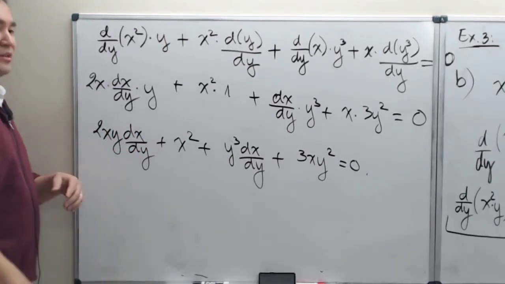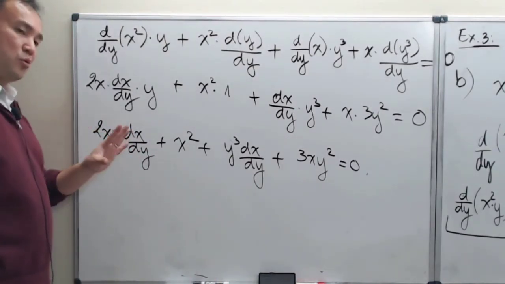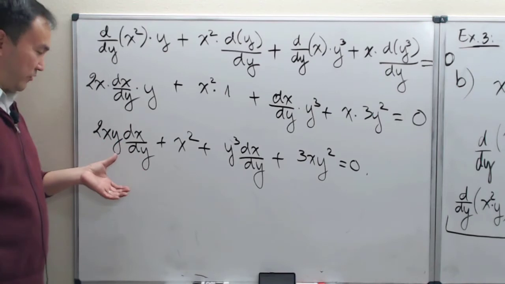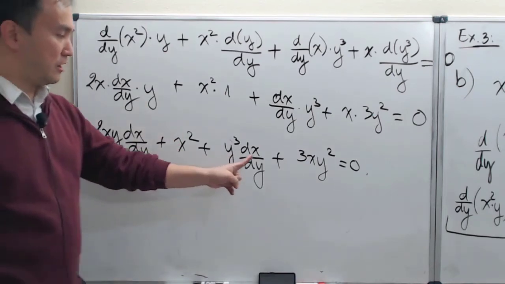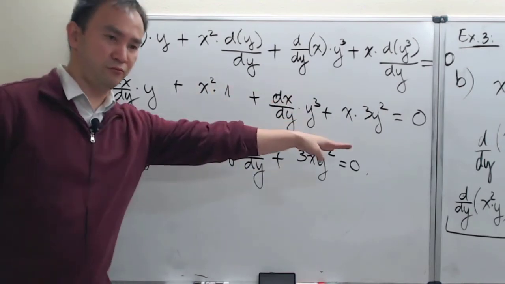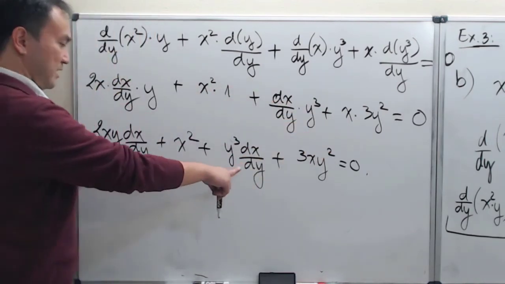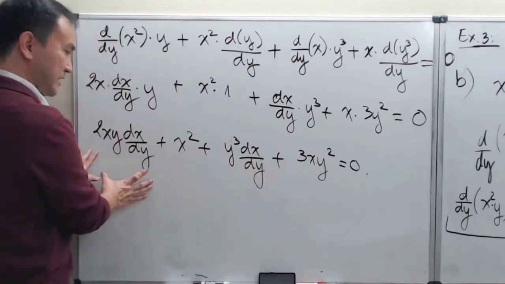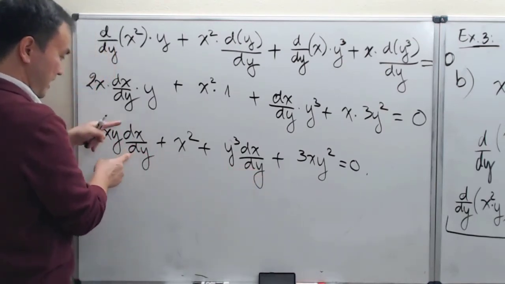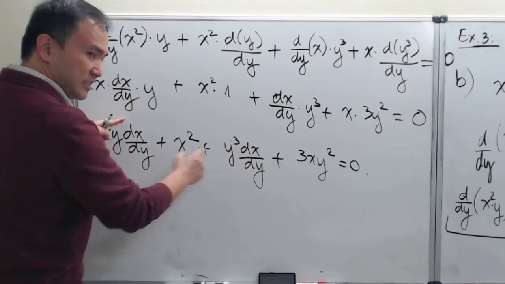Okay, and so now after seeing quite a few examples prior to this one right here, we can go ahead and combine like terms. These are the non-dx dy terms right here. Bring them to the opposite side. And in the meanwhile, I'm going to speed up the process a little bit. I'm going to combine these two like terms. They are like terms in the sense that they have the common factor dx dy.